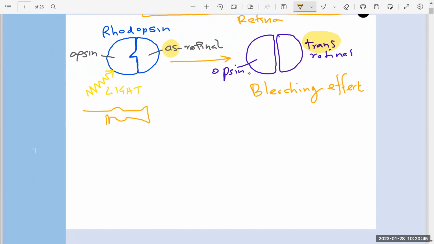And I showed this kind of membrane folding. And after that, the front side synapses with the bipolar neuron.